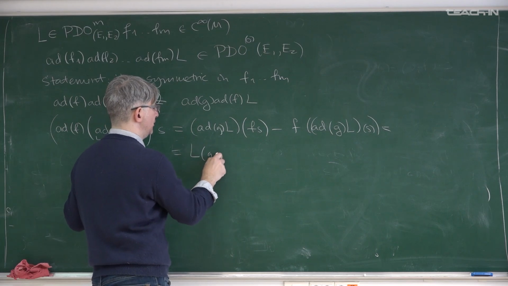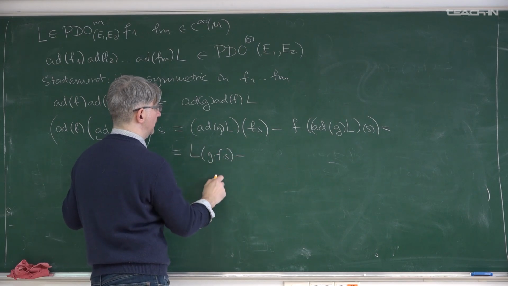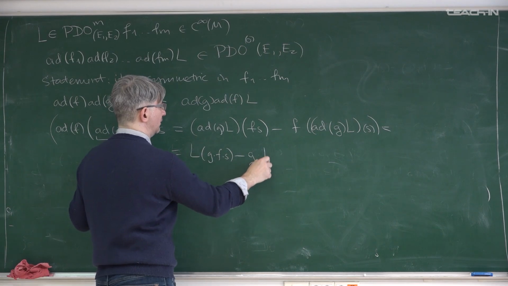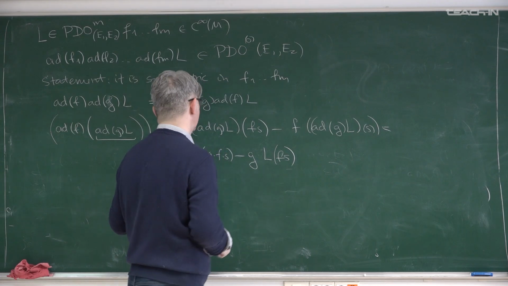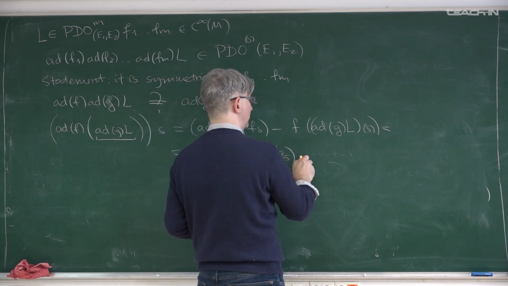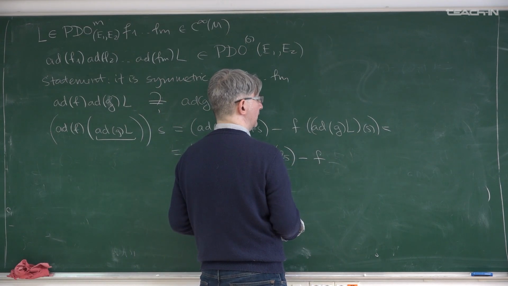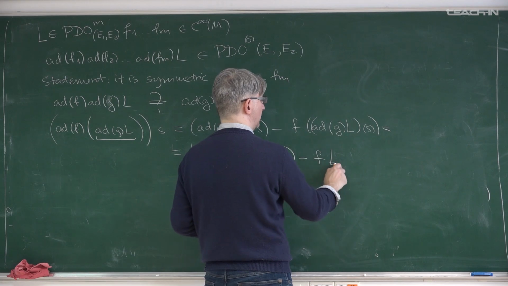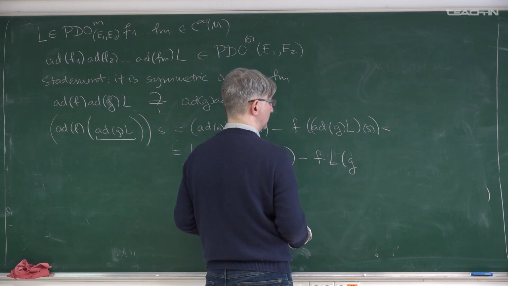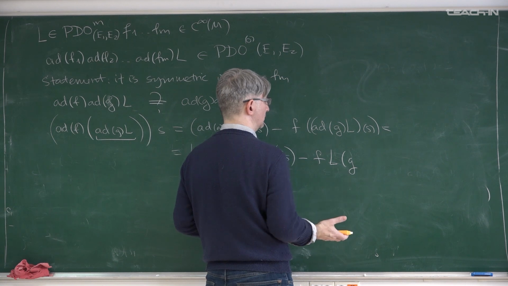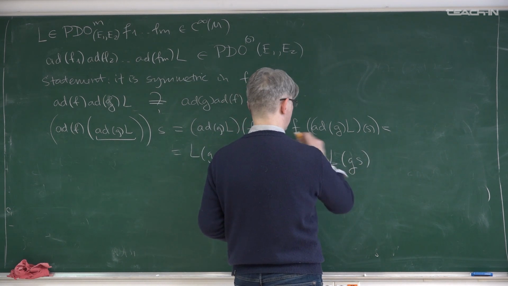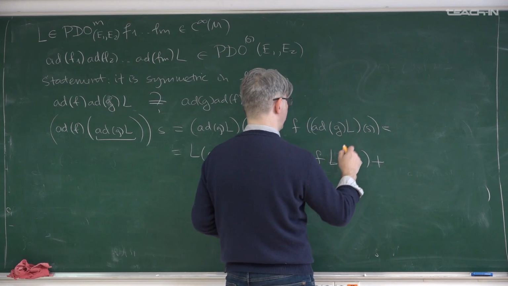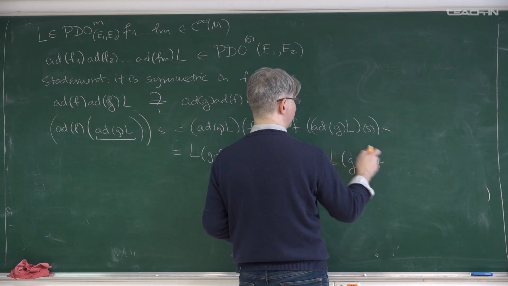L of g times f s minus g outside L of f s. No problem. What is written here? Minus f. Then we write L of g of s plus what? g outside.